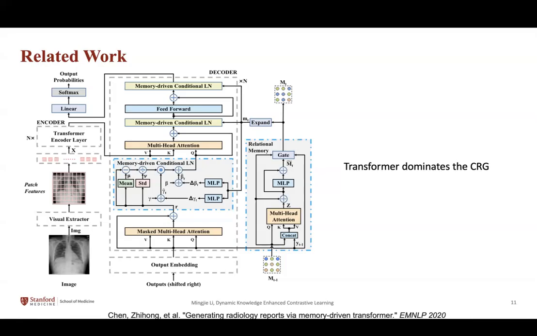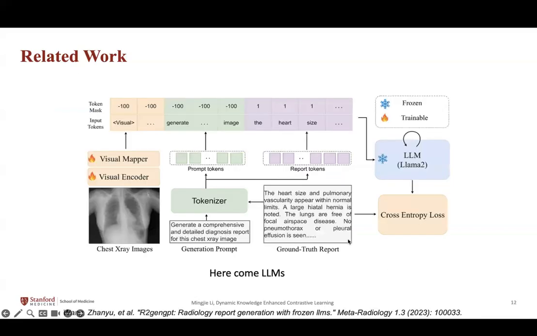So researchers add some memory-driven concepts to let the transformer identify which sentences or which keywords they have generated, so they will not repeatedly generate the normal sentences. And this is a very famous benchmark work.